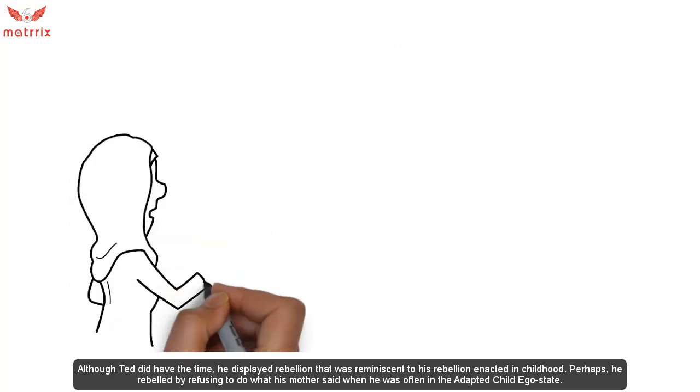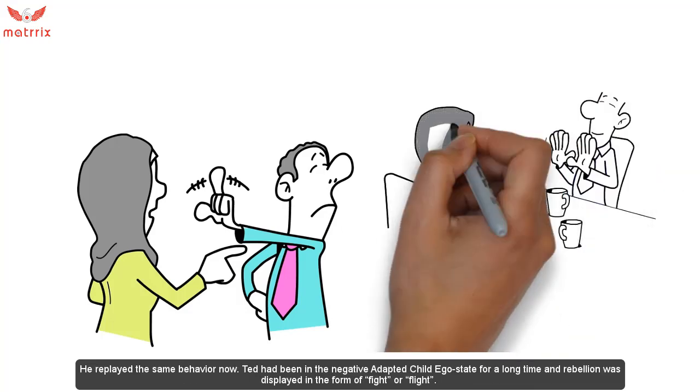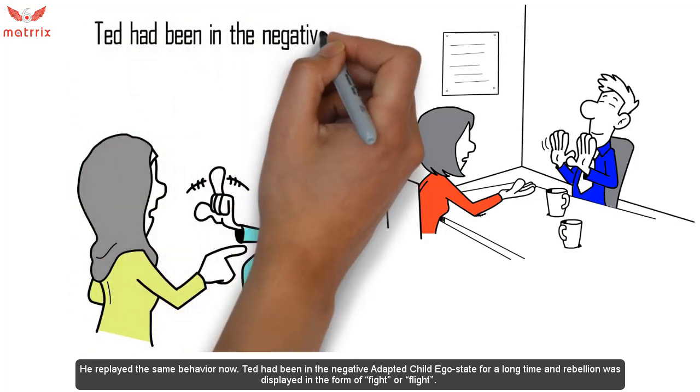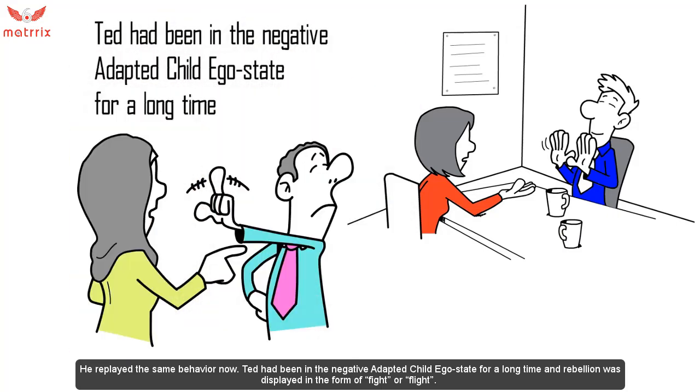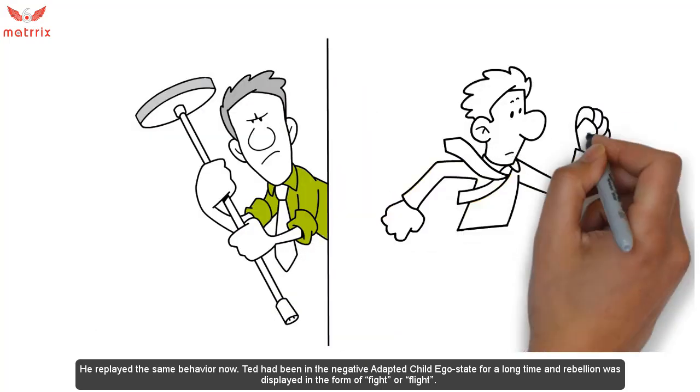Perhaps he rebelled by refusing to do what his mother said when he was often in the adapted child ego state. He replayed the same behavior now. Ted had been in the negative adapted child ego state for a long time, and rebellion was displayed in the form of fight or flight.